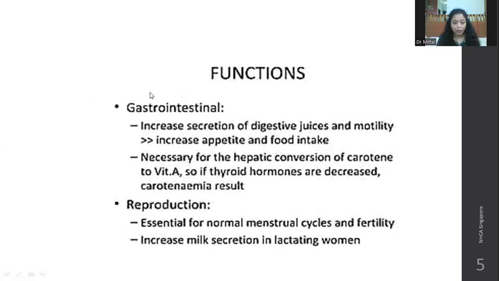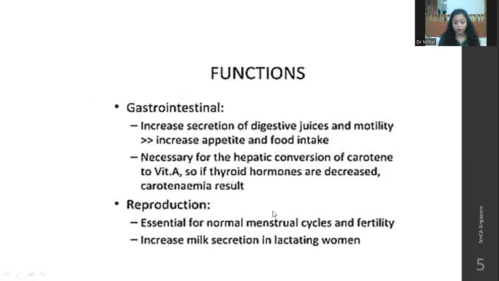The liver can store vitamin A only in its active form, not in the form of carotene or beta carotene or any other forms of plant vitamin A. Your body cannot store it. It has to be converted into the active form of vitamin A with the presence of thyroid hormone, and then only the liver can store it. Otherwise, too much beta carotene will be present in your circulating blood. It will lead to a state of carotenemia.